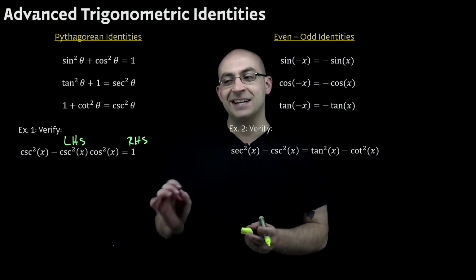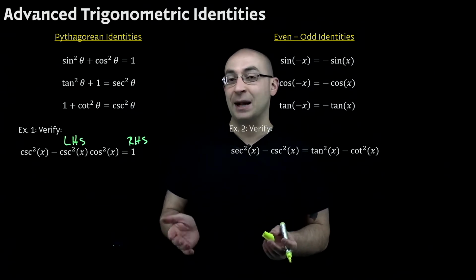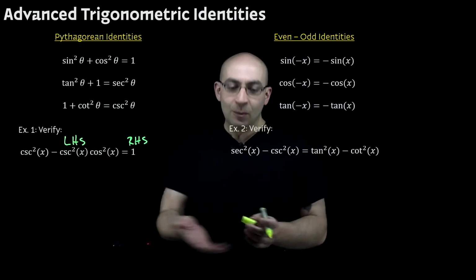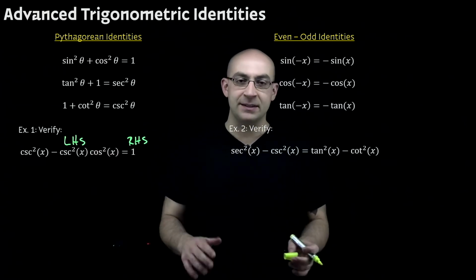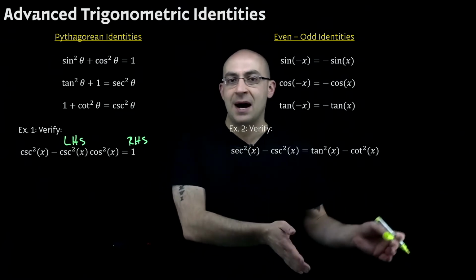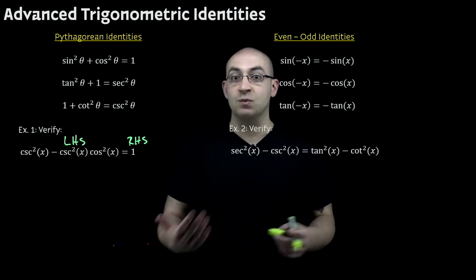When we think of these identities and verification or even completing them, we need to think of it like a puzzle. And you know, when you do a puzzle, you throw the pieces all over the place and you use the box or the picture on the box as the end result, as what you're trying to get to.